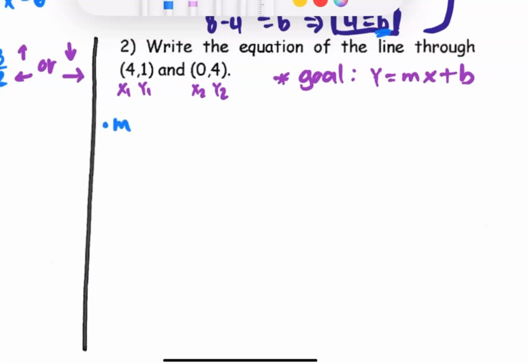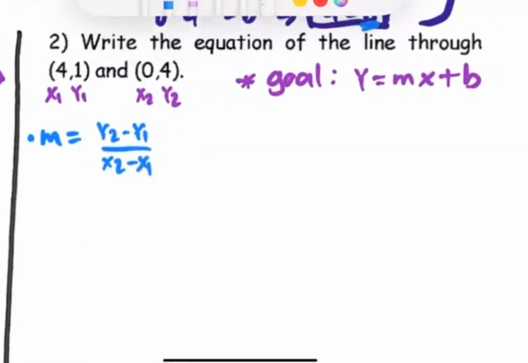M is your slope, and that is y2 minus y1, all of that over x2 minus x1. And after I plug in the numbers, instead of saying y2, I'm going to go ahead and say 4 minus y1, which was 1, all of that over x2, which is 0, minus x1, which is 4.